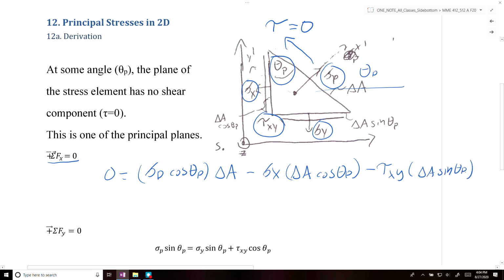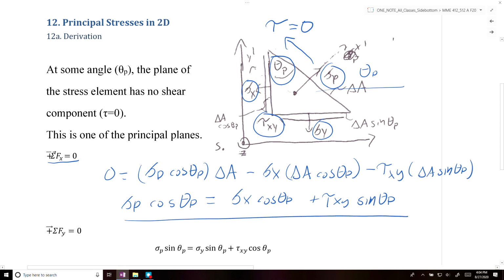If we rearrange, sigma p cosine theta p is equal to sigma x cosine theta p plus tau xy sine theta p. All the delta A terms cancel out, and we're left with this equation.